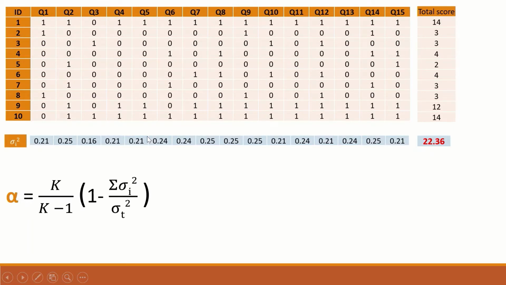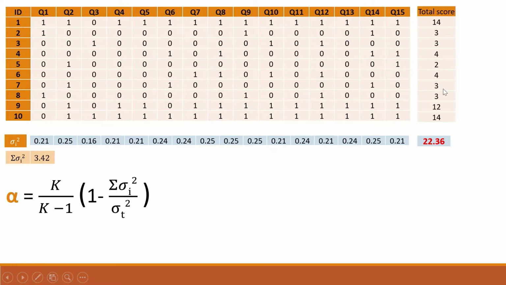The next step is to calculate the variance for each individual item or question, as shown here in this blue shaded row. Each question has its own variance, and then from the variance for those questions, the sum of all the variances is calculated by adding all these variances.